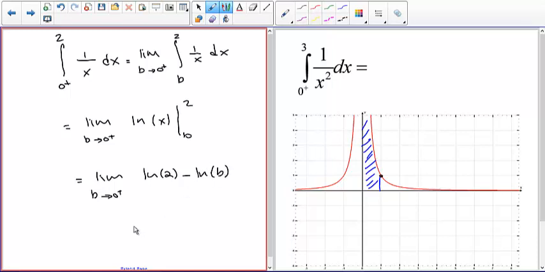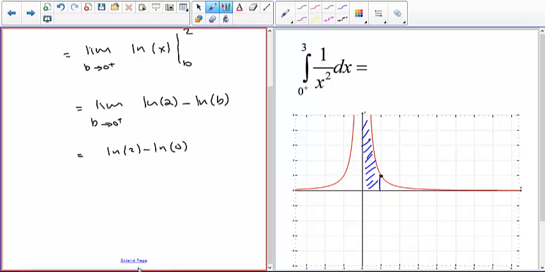And when you plug in 0, you'll get the natural log of 2 minus the natural log of 0, but the natural log of 0 is negative infinity. And so you get infinity basically.